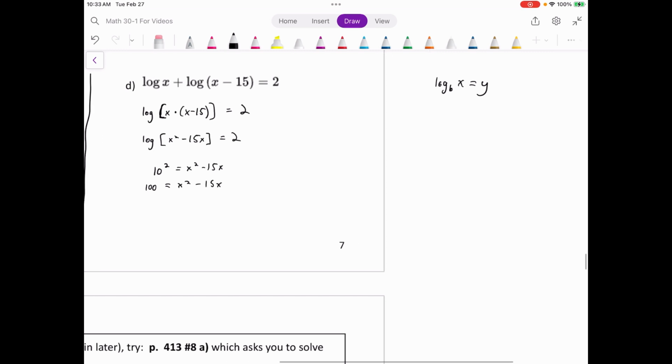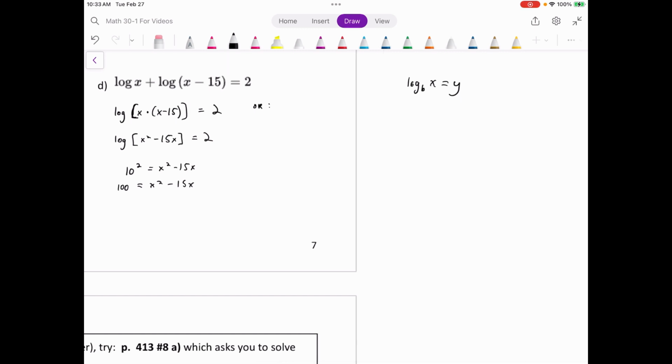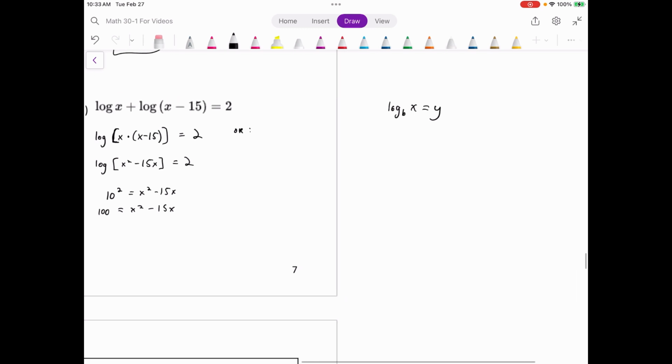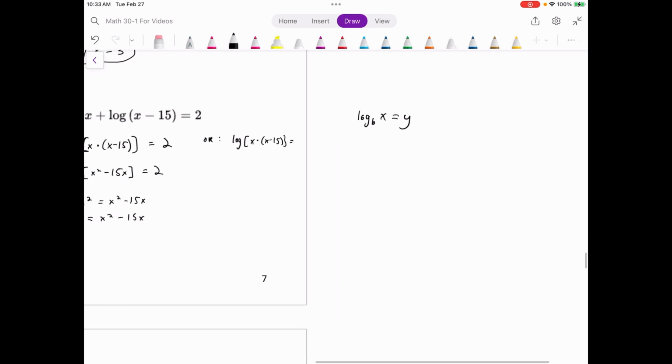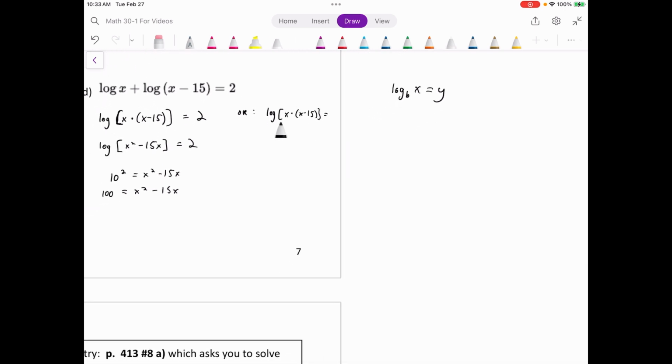Again, I'll also just show you that because it does sometimes come in handy, right? We could have also said log of x times x minus 15. And we could have tried to think of a way to do it like a and b, where we make both sides log base 10, okay, and then just drop the logs altogether.